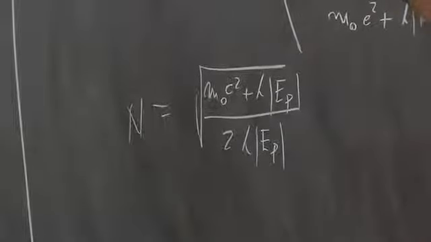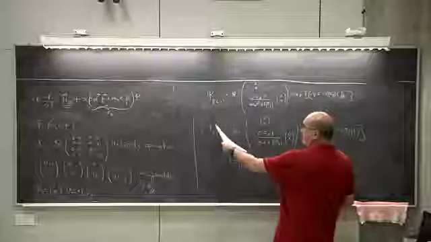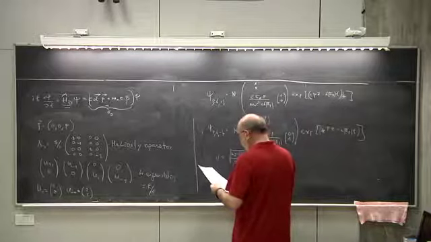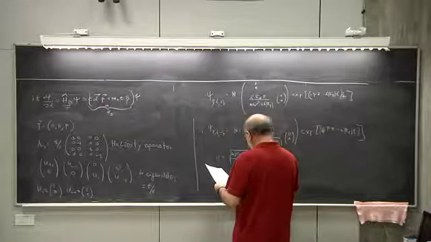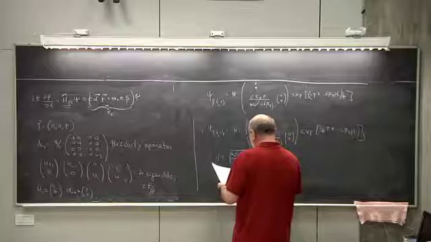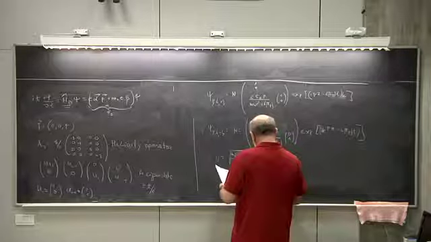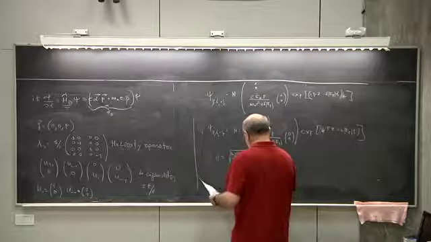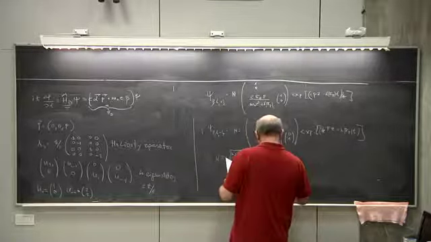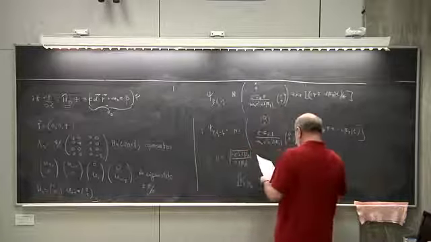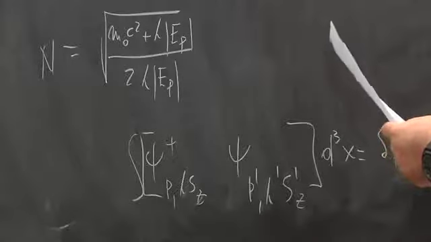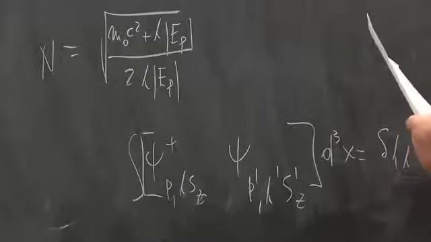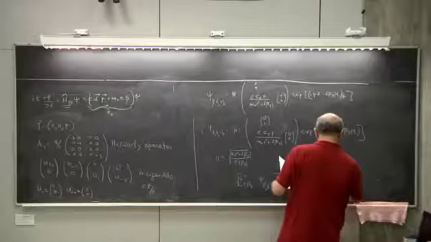Okay, these are 4 solutions, and they make a complete set for the Dirac equation. A complete set in the sense that the integral of psi dagger P lambda S Z times psi P prime lambda prime S prime Z, d3x, equals delta lambda lambda prime delta SZ SZ prime delta PZ minus PZ prime.